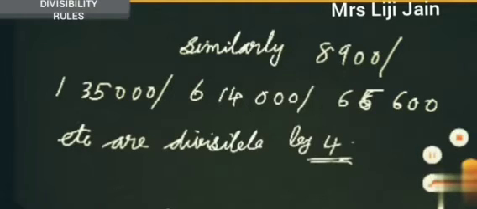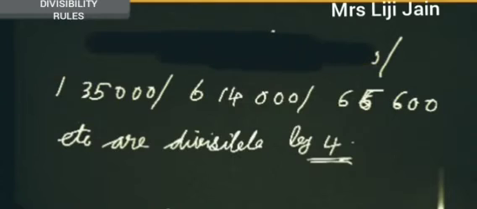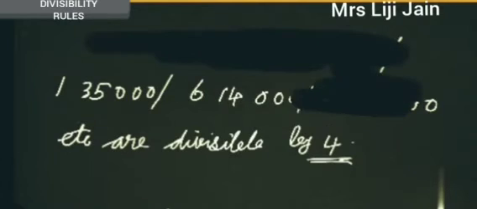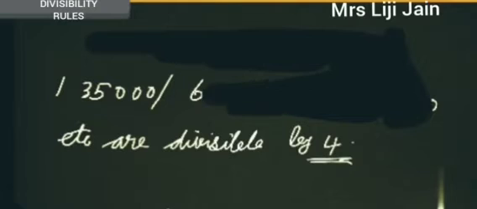Okay. Now, can you say the rule of divisibility by 5? What is the rule of a given number is divisible by 5? If its last digit is either 0 or 5. Very easy, isn't it? Okay, now write down.